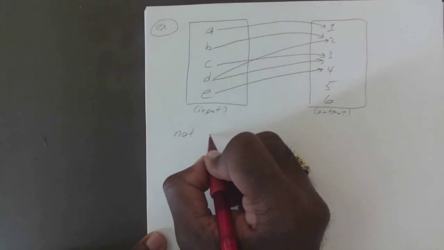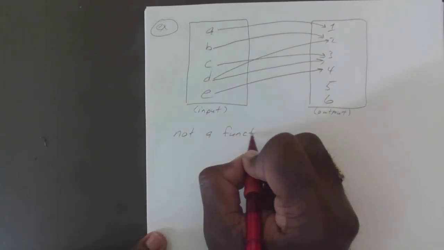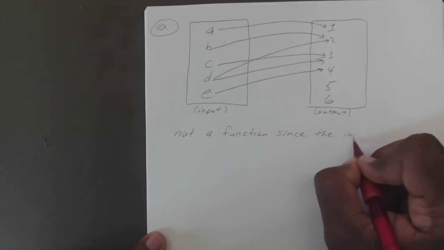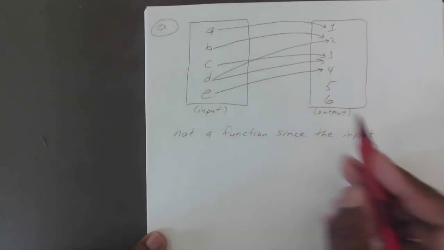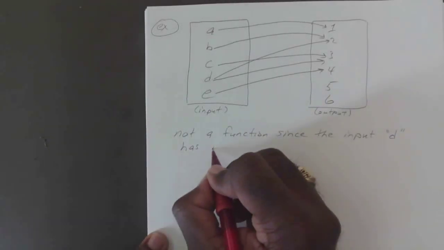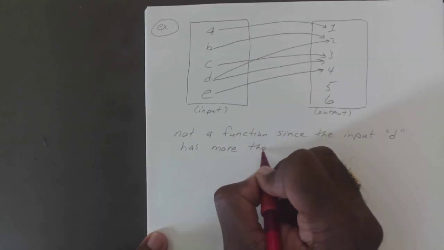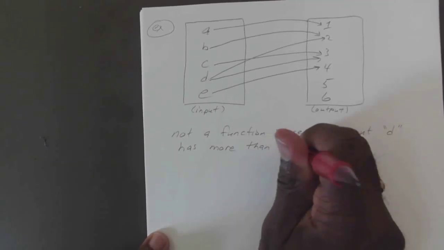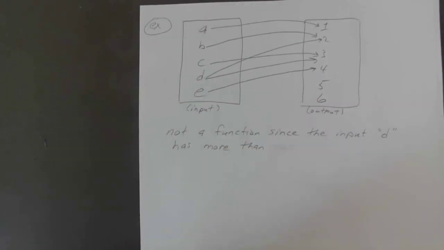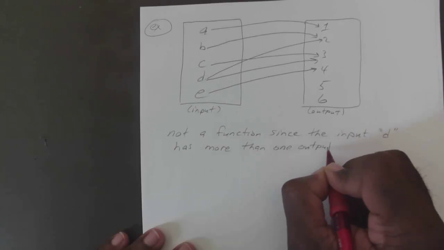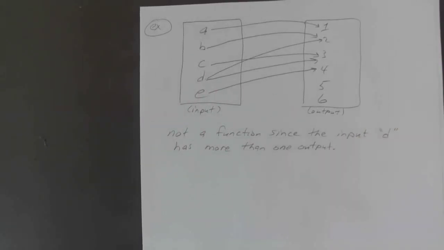Okay, so it's not a function since the input D has more than one output. All right. So any questions on that one?